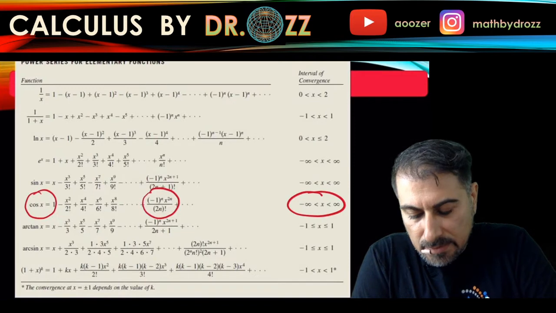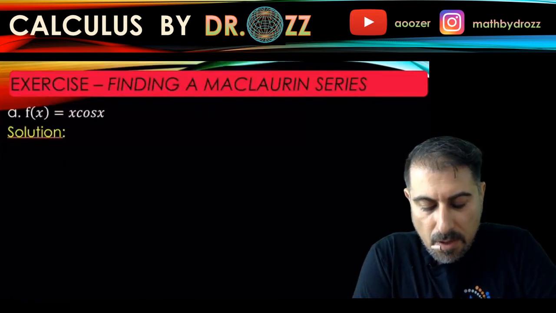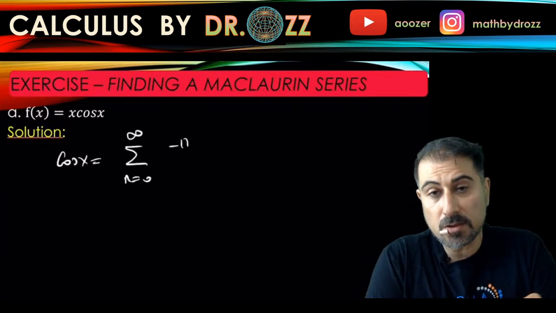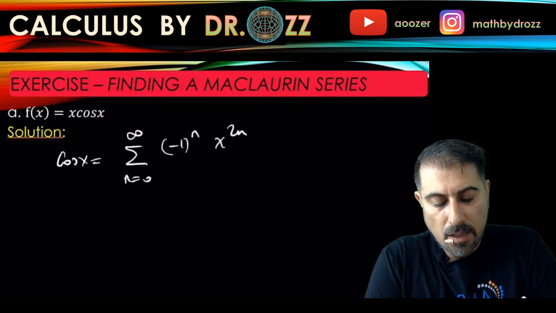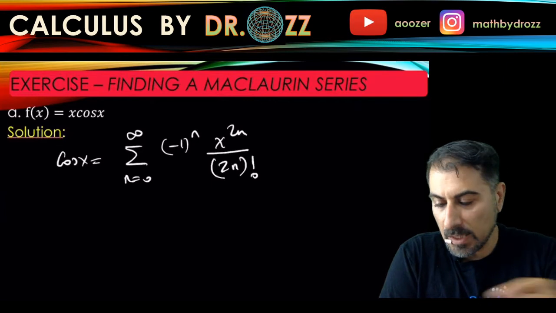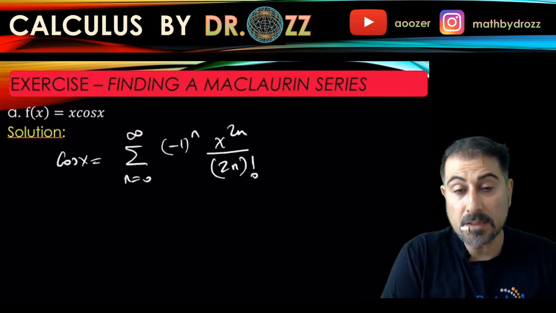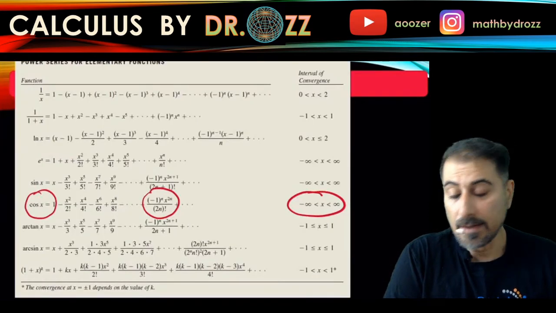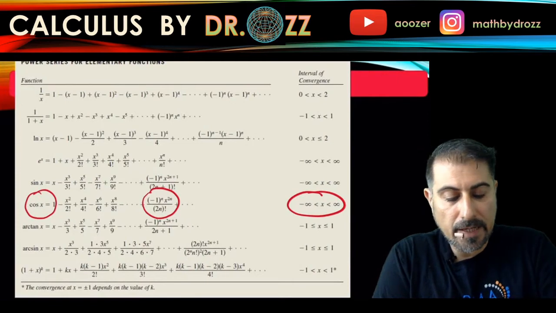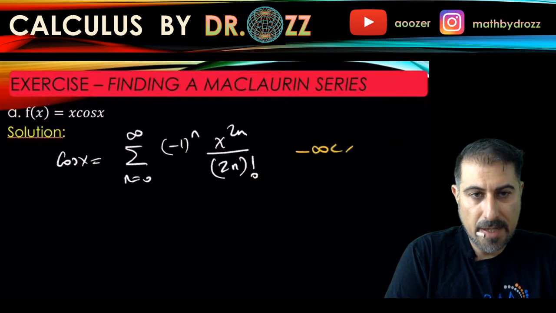So cosine x has as its power series representation the summation of minus 1 to the n, x to the power of 2n divided by 2n factorial. And I want to make sure that I got the interval of convergence correct. Cosine is convergent, in fact, for all x. So I can go back and write here that x is between negative infinity and infinity.